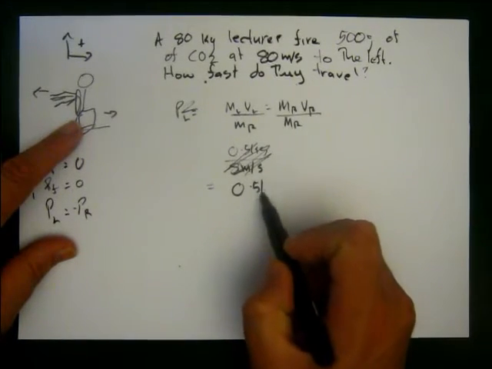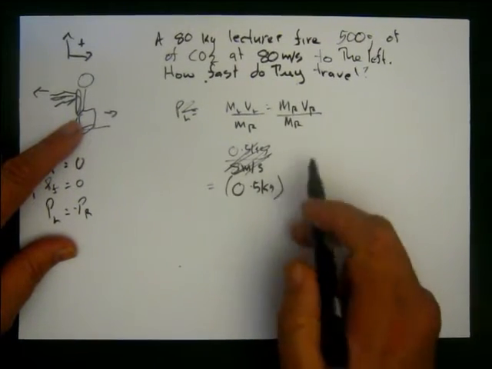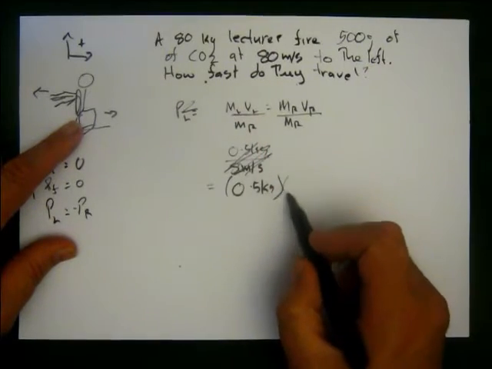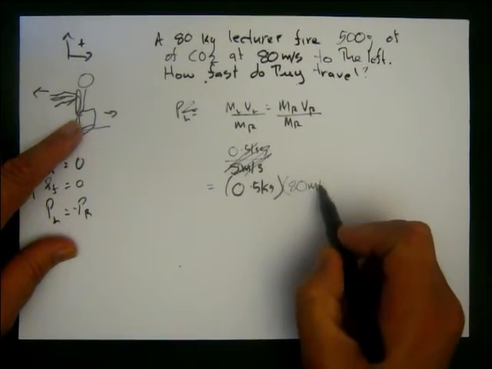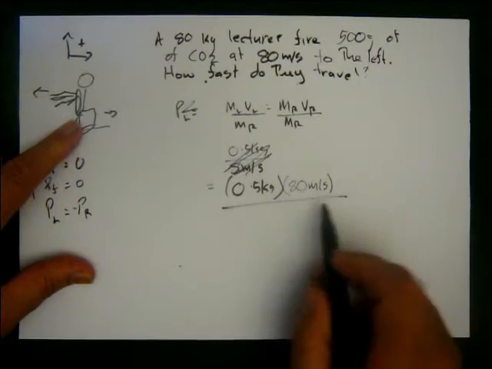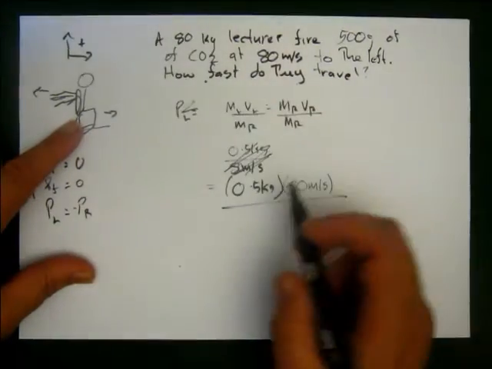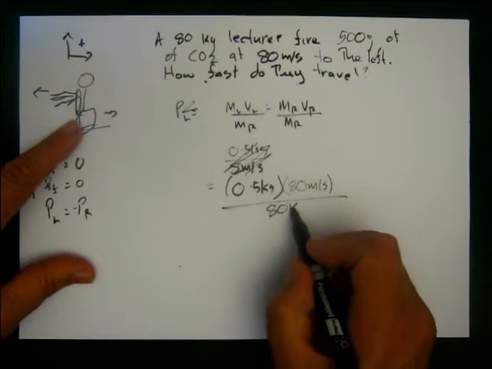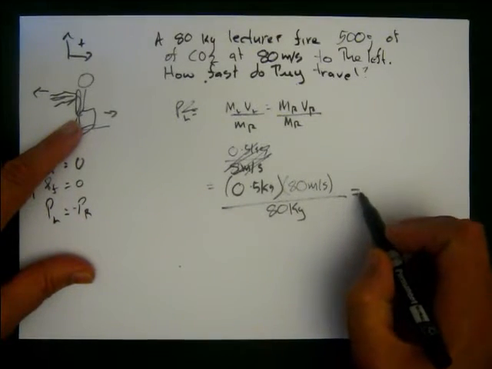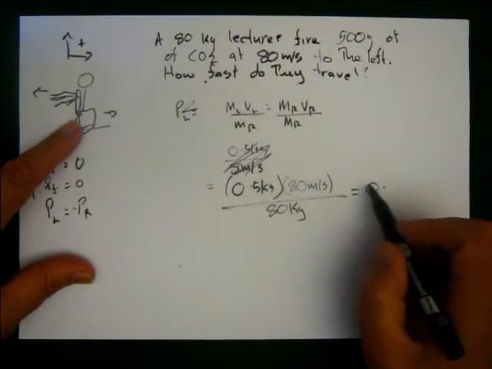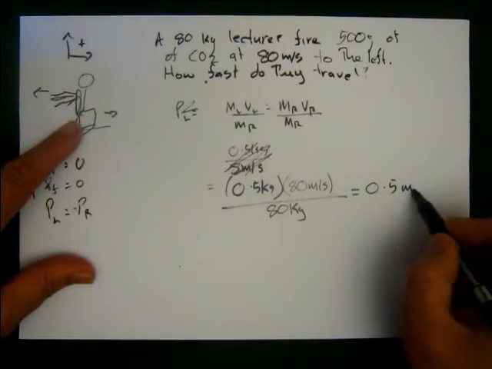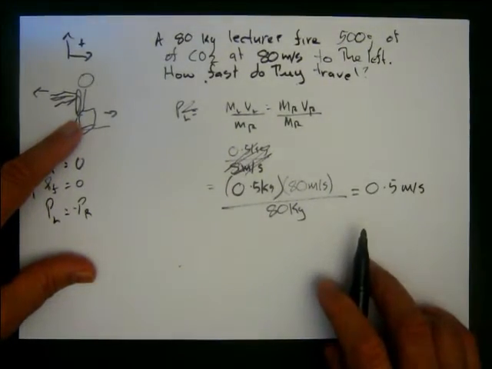So it's 0.5 kg times 80 meters per second, divided by my mass, 80 kg, which equals 0.5 meters per second.